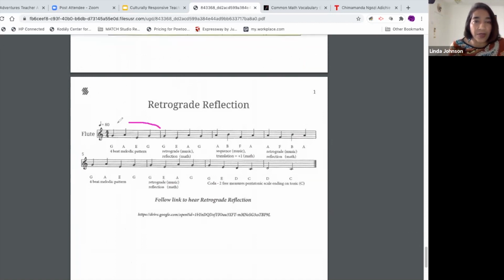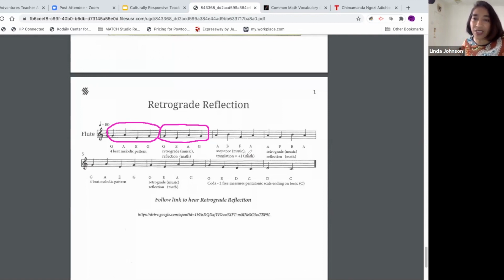If I take this one right here, and then I take this one right here. And actually you can see it 2 ways. G, A, E, G. Now it did G, E, A, G. I just flipped it, right? That's symmetry. And then you could literally fold that in half and those notes would be on top of each other.